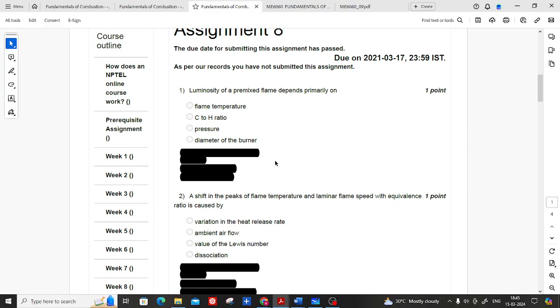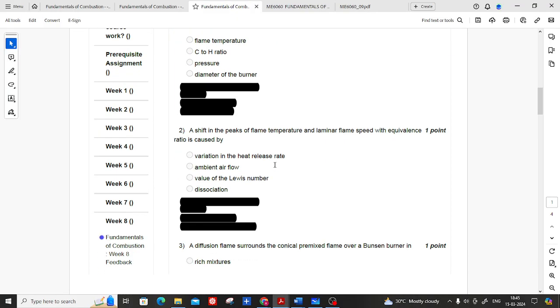Okay, try to solve question number 2. Shift in the peak of flame temperature and laminar flame speed with equivalence ratio is caused by what?